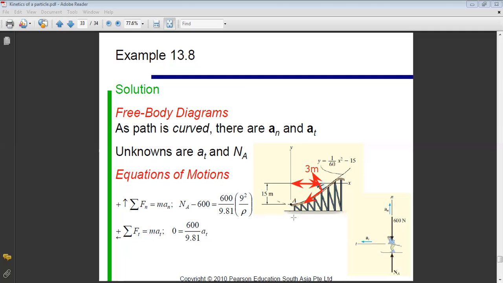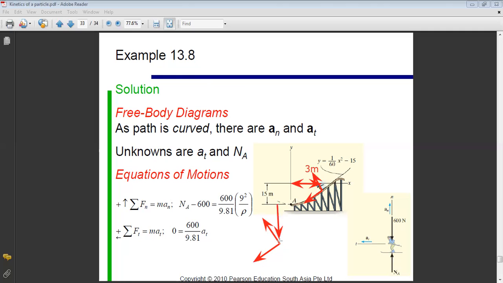Now, in order to continue, I should know the direction of ut with respect to the horizontal. Who can tell me how I can find it? What should I do? If I take this position, this is ut, this is un. To project my forces, you know that the forces here are the same: you have weight and normal, but what is different here is the normal direction.